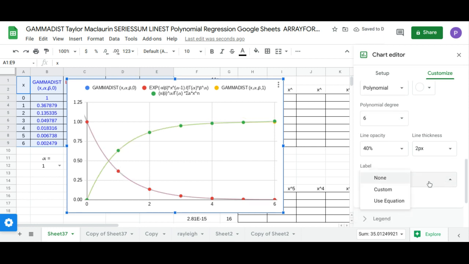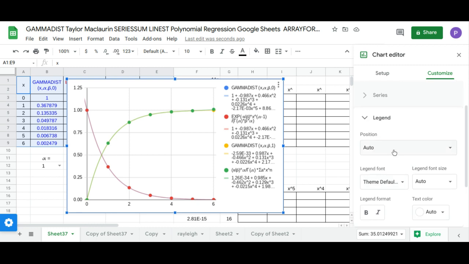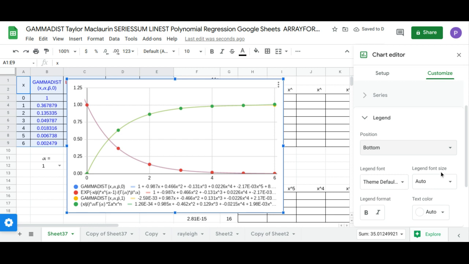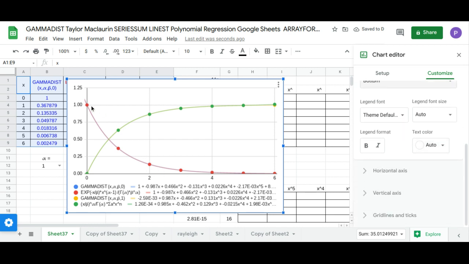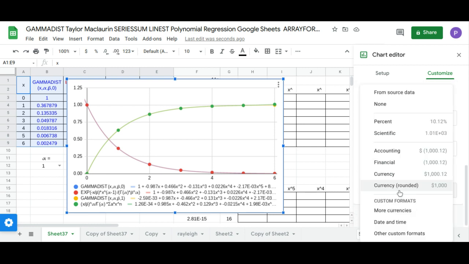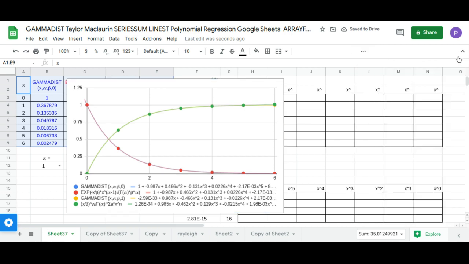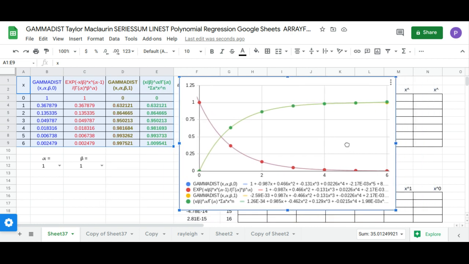For the label, use the equation. For the legend, position at the bottom. And we'll simplify the vertical axis. The number format will be none. That's simplified. And here's our trend line and polynomial to the 6th degree.